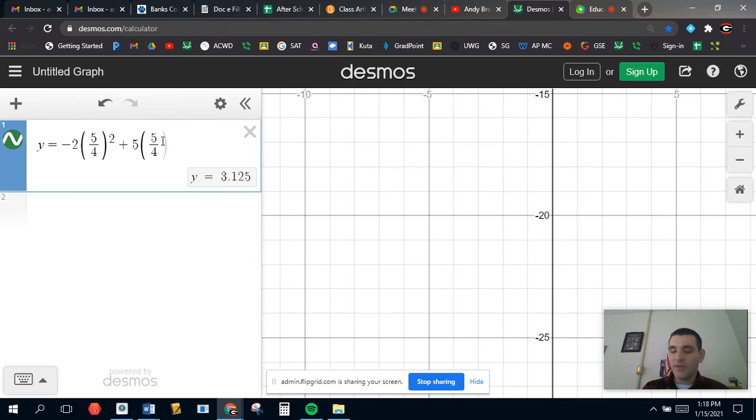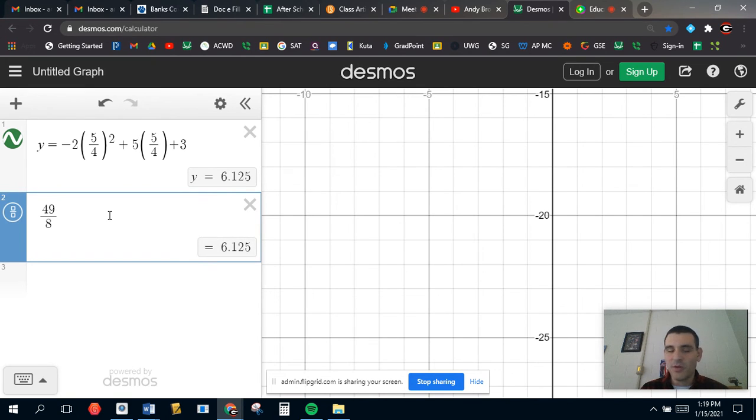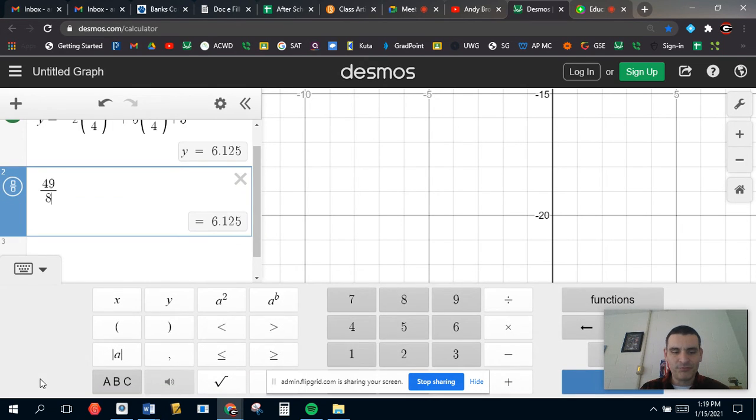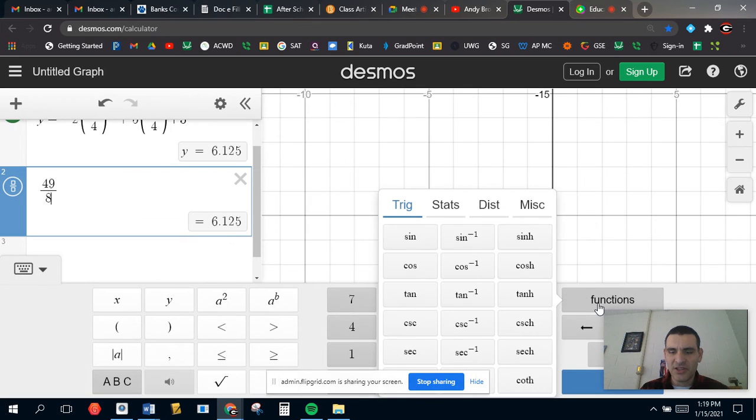But just to show you, they're reporting a decimal here of 6.125, but that is equivalent to 49 divided by 8. Same thing, 6.125. Desmos is putting it in decimal form.